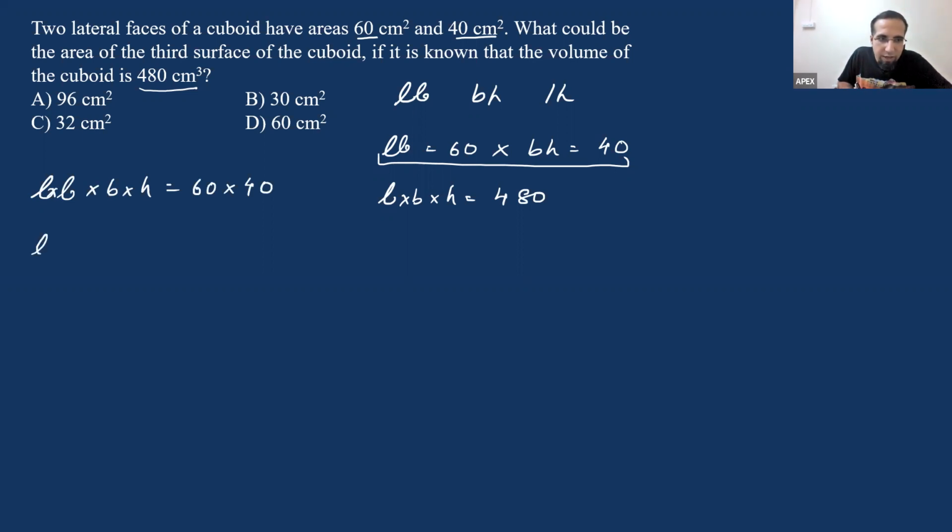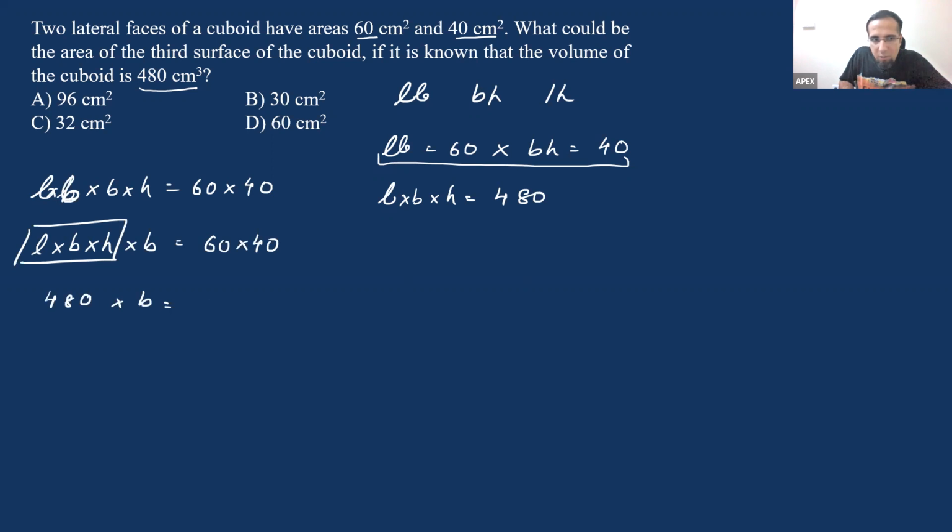This is in a way L into B into H into have another extra B here. There are two B's here, okay? Now, which is equal to 60 into 40. Now, I know that L into B into H from here is 480. So, I write 480 into B is equal to 60 into 40. So, 40 into 12, and this becomes 12 into 5. So, I get the value of B is equal to 5.